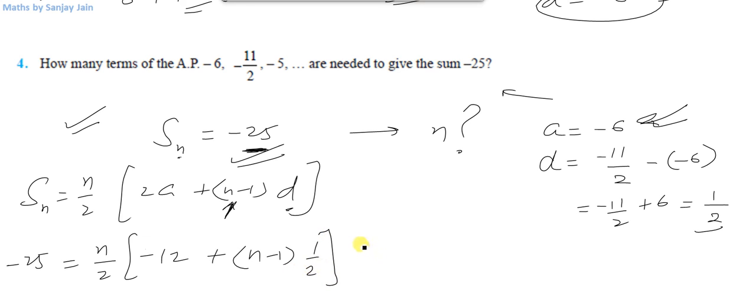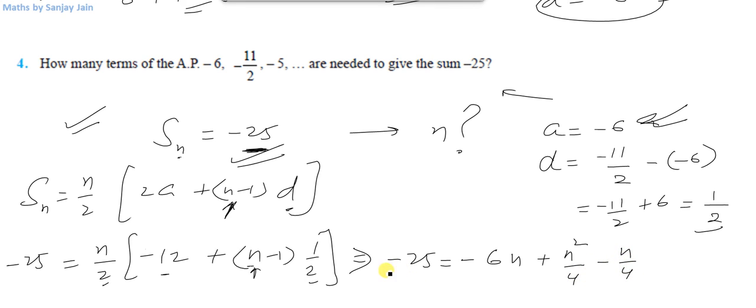Okay. Now this will imply minus 25 equals n by 2 into minus 12 will give me minus 6n. And the second term I'll have n by 4 into this n. Why n by 4? Because I have counted this and this. So n by 4 into n will give me n squared by 4 and minus n by 4.